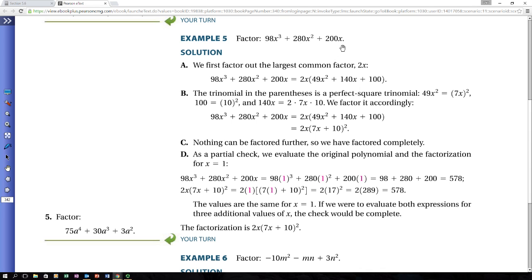Well, when I look at this right away, I know that there's a variable that's common here, which is x. I just don't want to miss the largest common coefficient factor, right? So I probably prime factor these and make sure. In this case, it's 2. I know 2 is going to be a factor because they're all even.